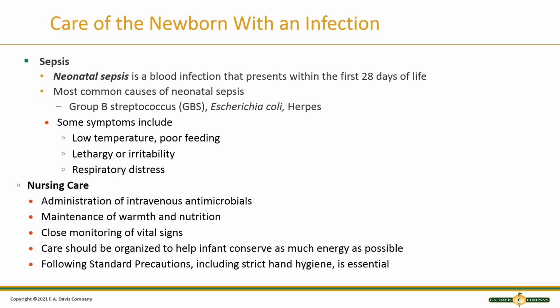So these signs and symptoms that we included in this slide are very important, especially a consistent low temperature, if your baby continues to feed poorly, if your baby continues to be listless or non-active, and if respiratory distress occurs. It is always a good idea to get a CBC and a blood culture to rule out any kind of infection.